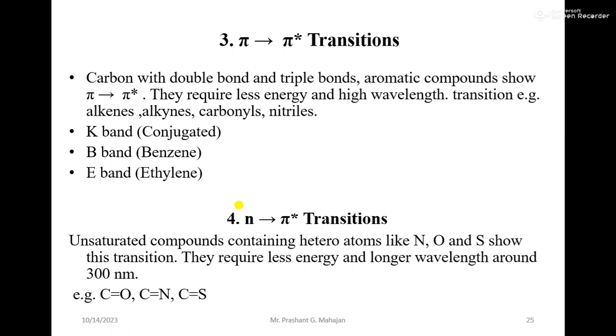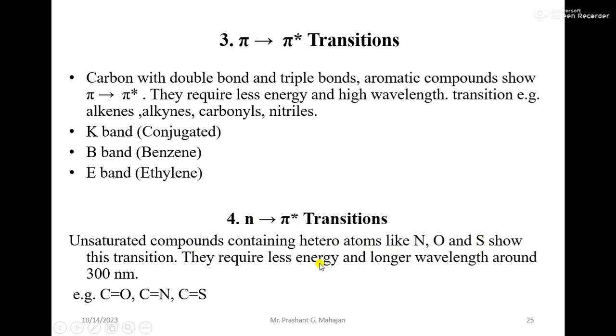Next transition is n to pi star, that is unsaturated compound with lone pair of electrons, that is pi is related to the double bond, n is related to the lone pair. So you can say that unsaturated compound containing heteroatoms like nitrogen, oxygen, sulfur show this transition.